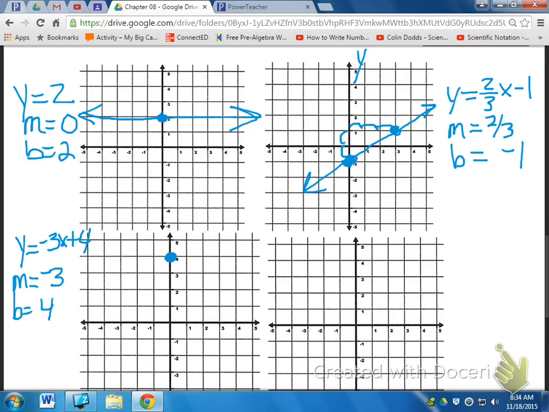Now remember, I need rise over run, but it's just a -3. So that means I have to put -3 over what? 1. So I'm going to fall 3, run 1 right, and then graph my line. So that is y equals -3x plus 4.